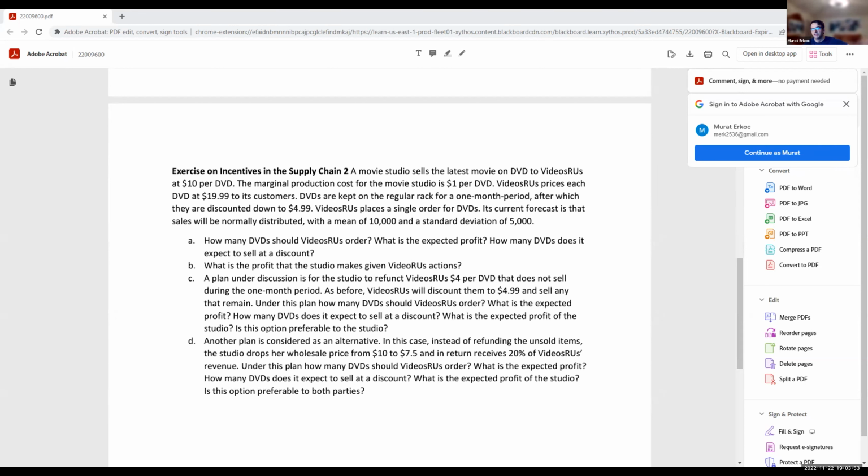Okay, so you say, hey, I'm going to sell this cheaper, but I want a share from your revenue. Revenue, not profit, revenue. Under this plan, how many DVDs should Video Stars order? What is the expected profit? How many DVDs does it expect to sell at a discount? What is the expected profit of the studio? Is this option preferable to both parties? Well, let's take a look at it.